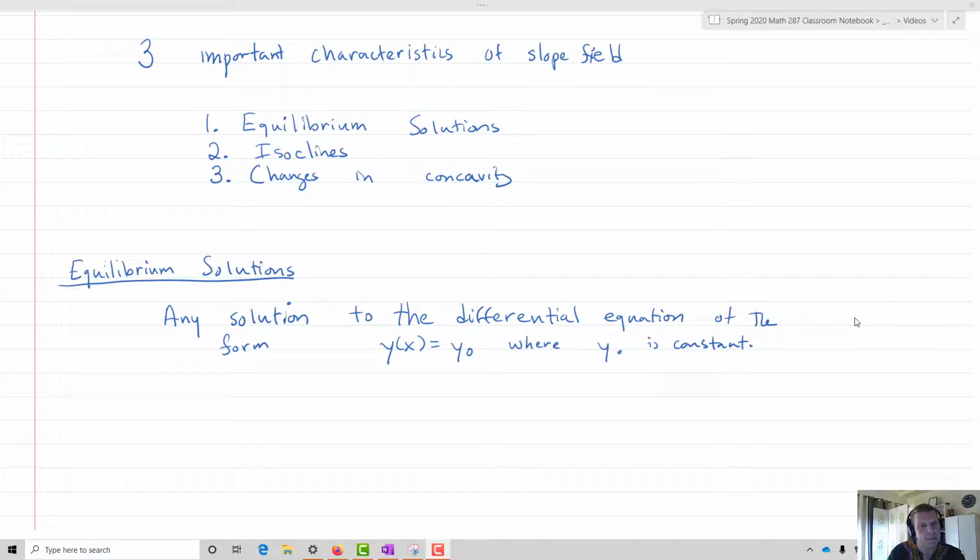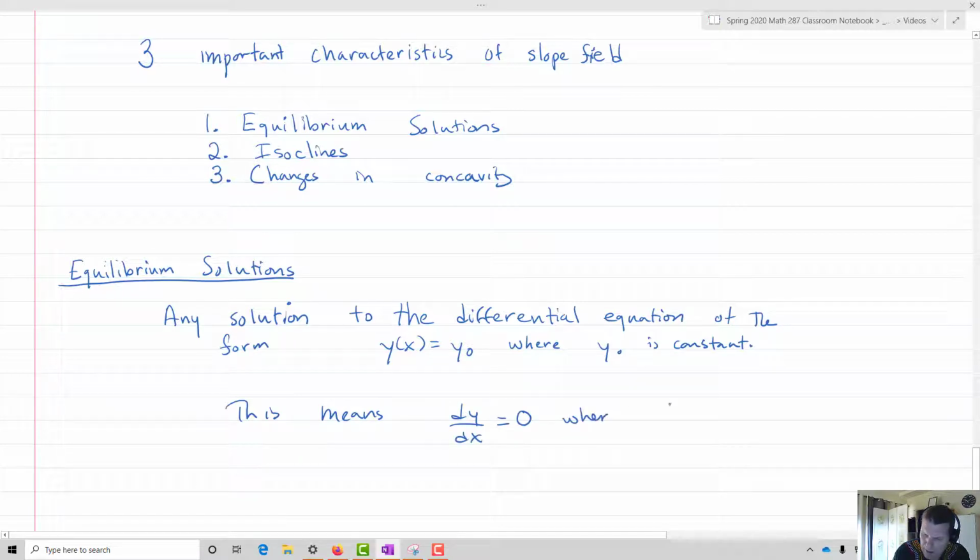So for equilibrium solutions, an equilibrium solution is any solution to the differential equation of the form y of x equals y naught, where y naught is constant. And what that really means is that dy dx is going to equal 0, where the solution is a constant value.